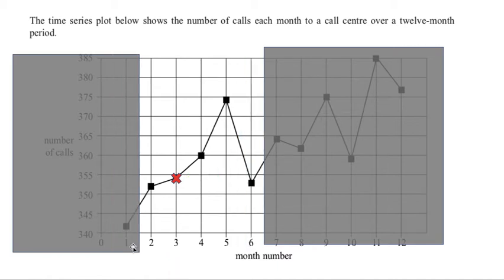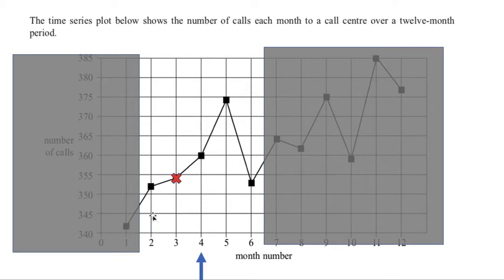Moving along to the next clump of 5. So you can see we've got from month 2 through to month 6. These are our 5 new data points. We're going to be plotting the smooth value for month 4. And again, we look carefully at the 5 points that we've got, and we're looking for which is the third highest y value.